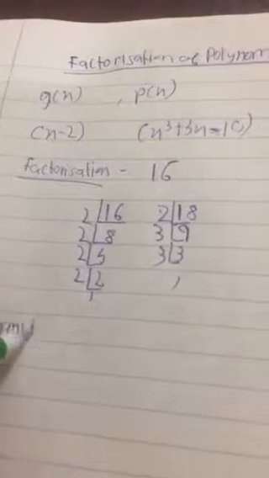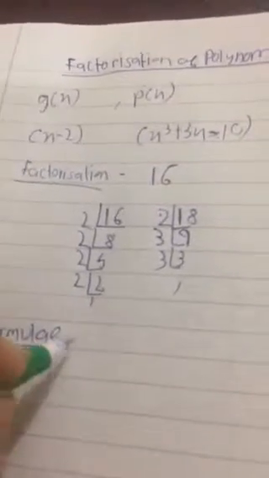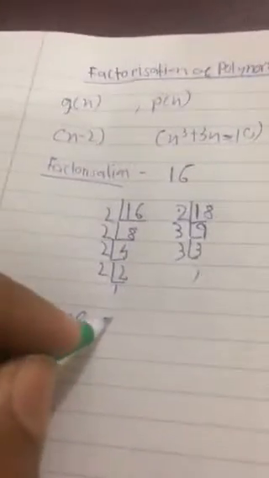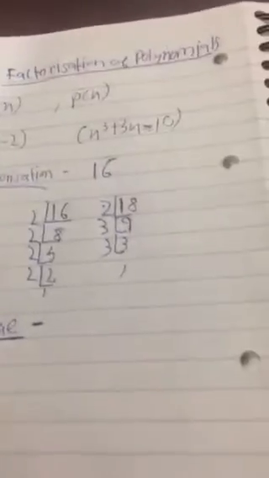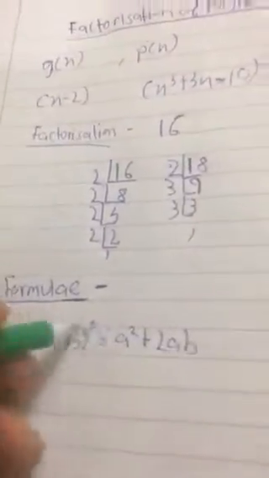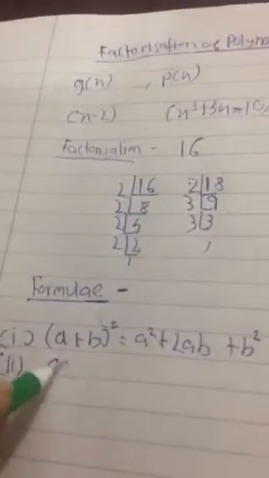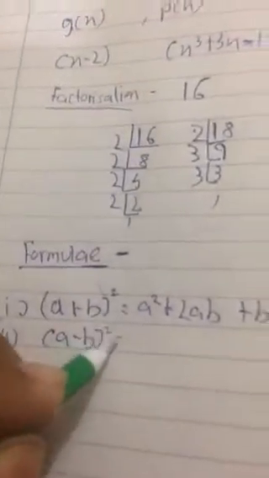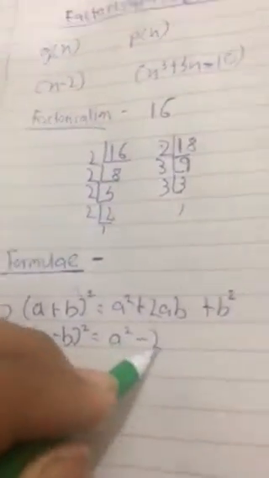While factorizing, we must remember some formulas. First is (a plus b) whole square equals a square plus 2ab plus b square. This is the first identity. Second is (a minus b) whole square equals a square minus 2ab plus b square.